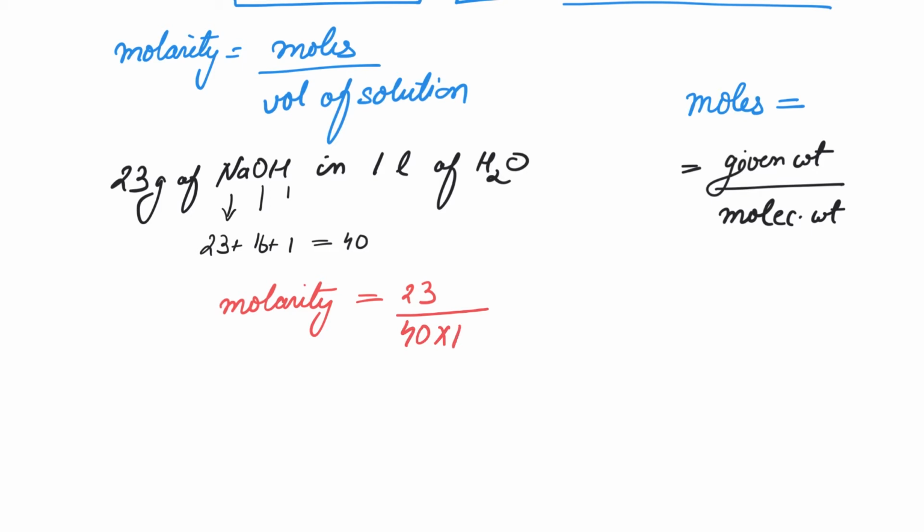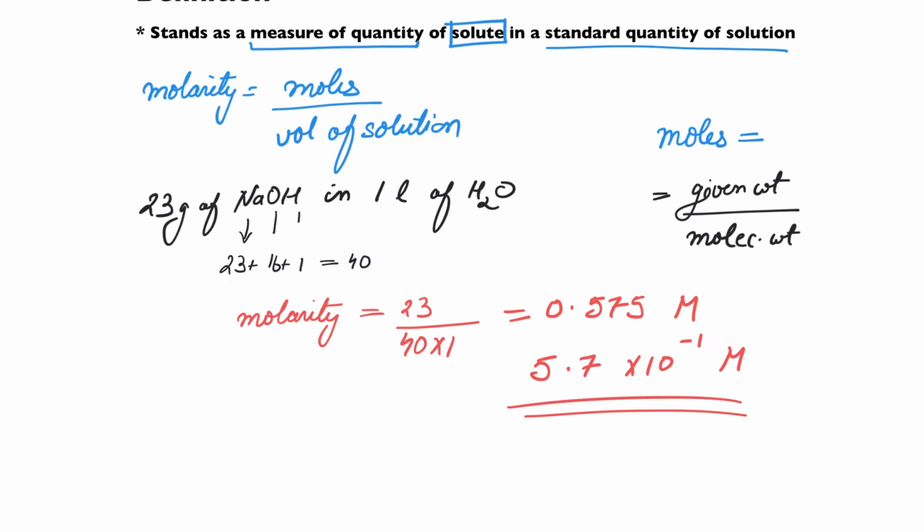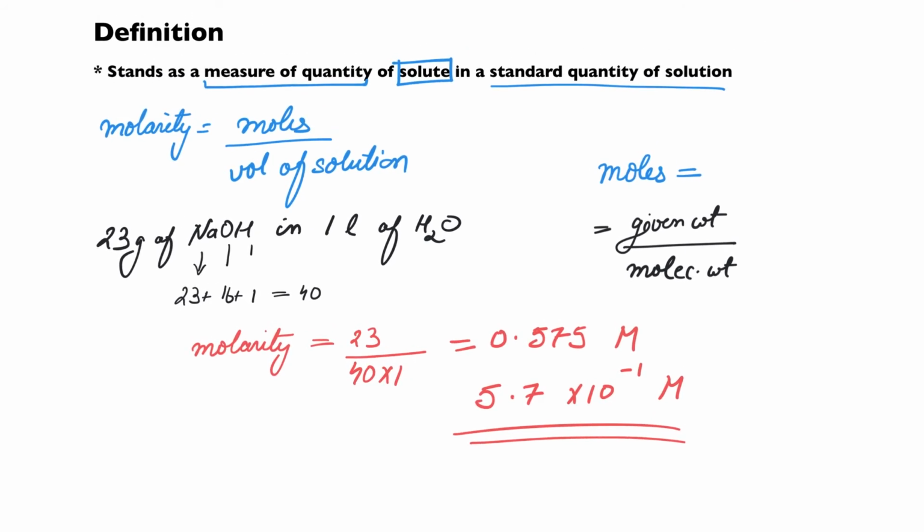Now, if you quickly do the maths, you will get 0.575 molar, or you can simply write it as 5.7 into 10 to the power minus 1 molar. So that is our molarity of the solution when we dissolve 23 grams of sodium hydroxide.